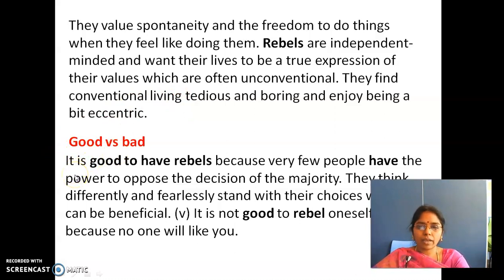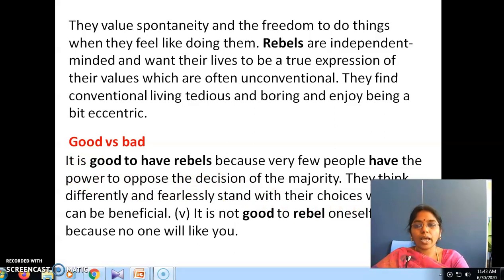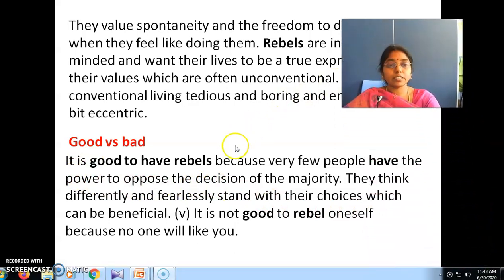It is good to have rebels because very few have the power to oppose the decision of the majority. They think differently and fearlessly stand with their choices, which can be beneficial. Good. That is a good thing. What is bad or not good?